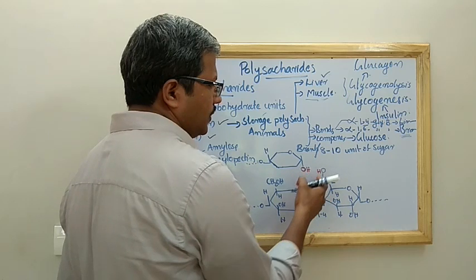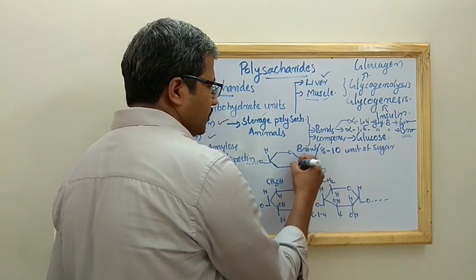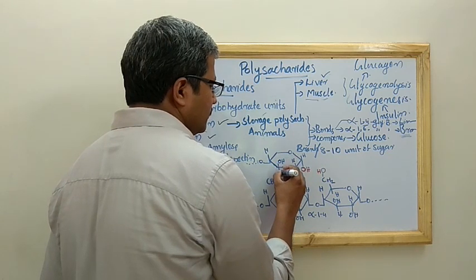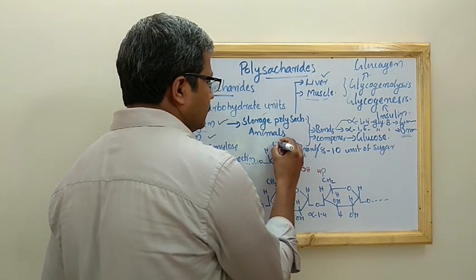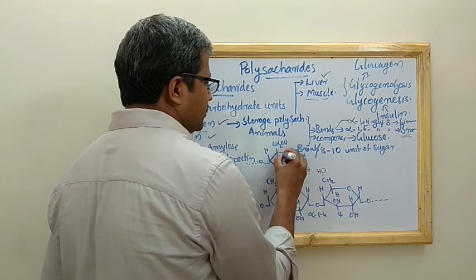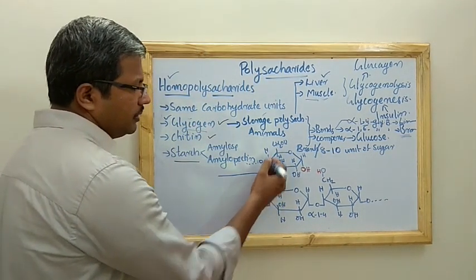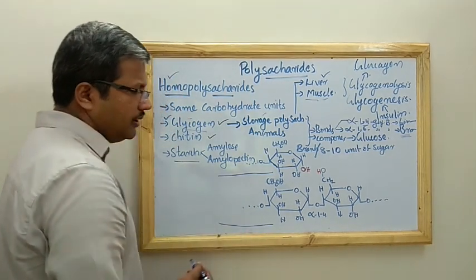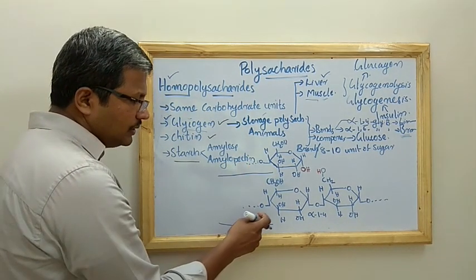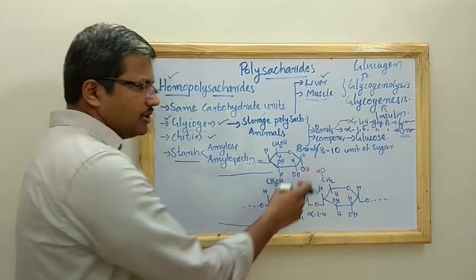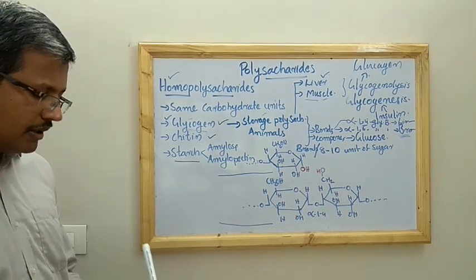So CH2OH, and here is the HOH. Remaining will be same. So you can find one linear polymer here, and the second linear polymer here. The first linear polymer is linking with the second linear polymer to form the branch, and you can find the branch formation here. So what will be happening?